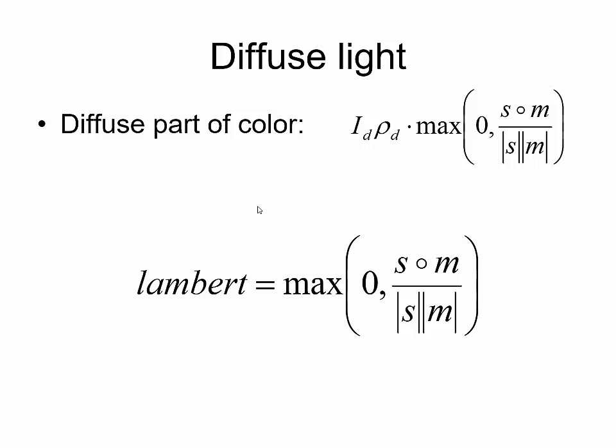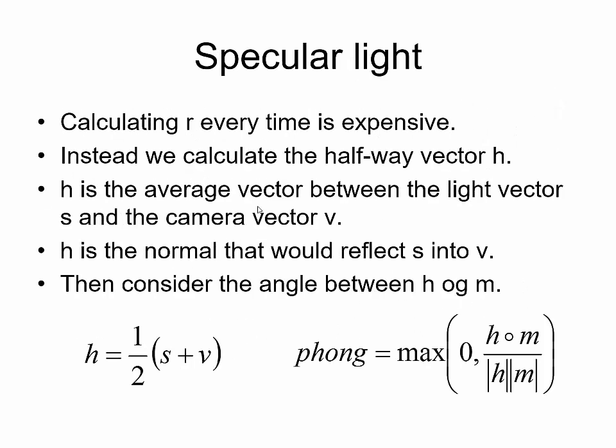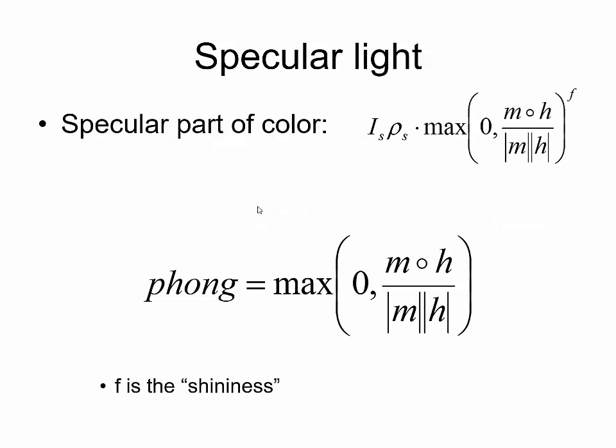So diffuse like this, only taking into account the direction to the light and the facing of the object itself, the normal. Specular light, building the halfway vector and then looking at the angle or the cosine of the angle between the halfway vector and the normal, and also taking the shininess factor here in order to make your specular point more intense and smaller for more shiny objects.